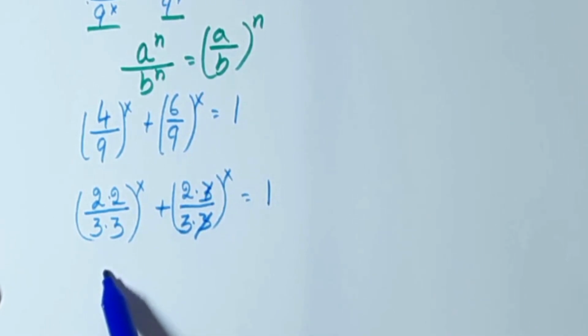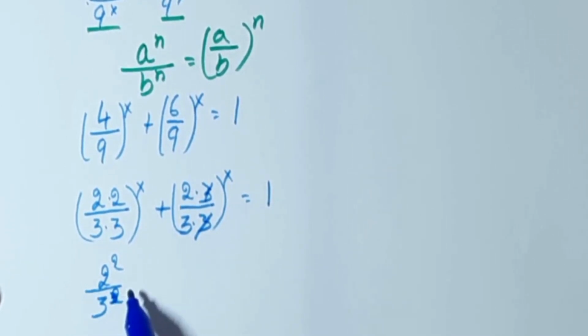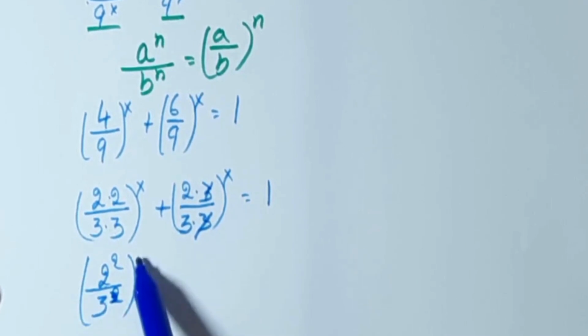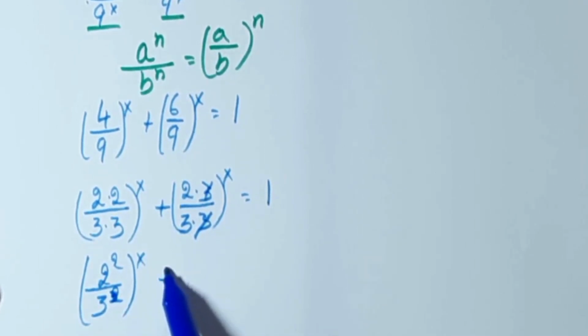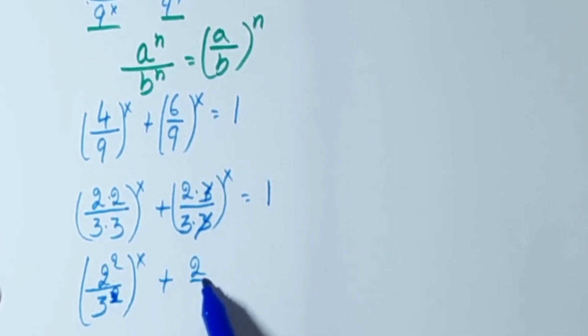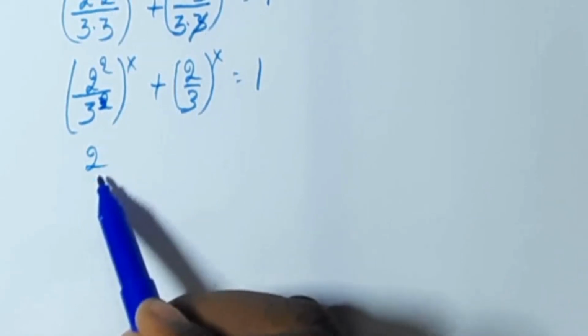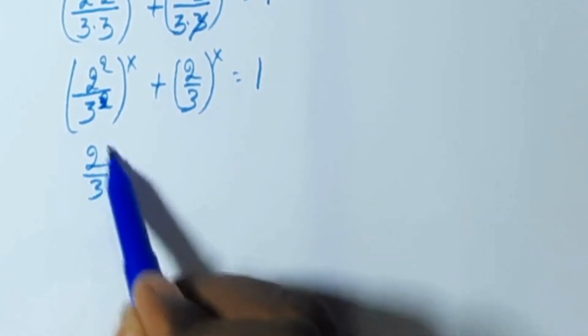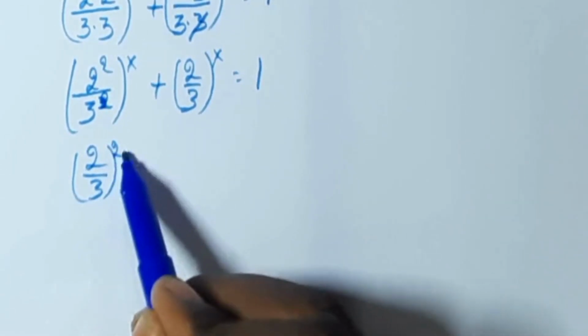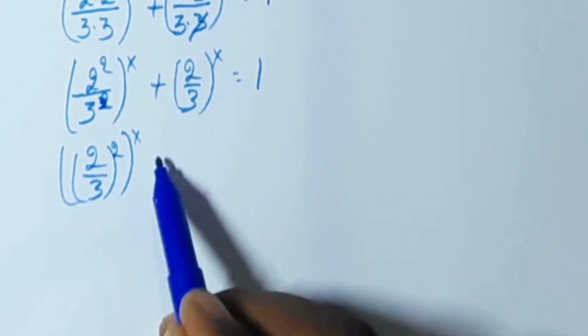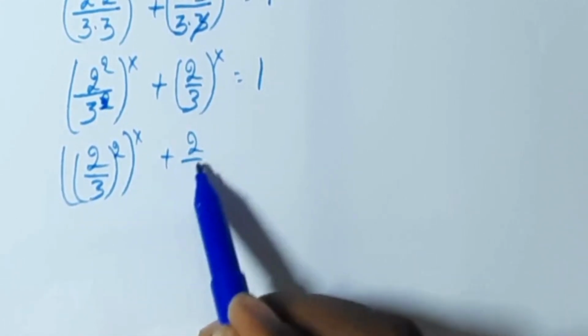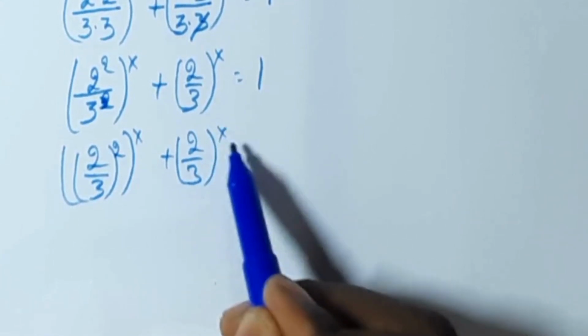So we have 2 to the power of 2 by 3 to the power of 2 whole power x plus 2 by 3 whole power x equal to 1. (2 by 3) whole power 2 whole power x plus 2 by 3 whole power x equal to 1.